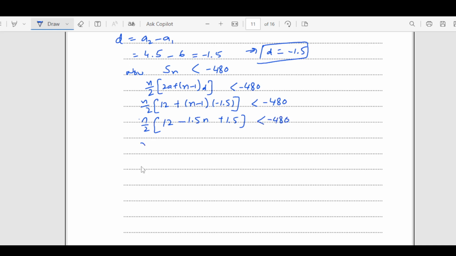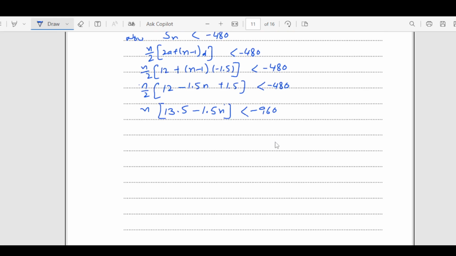So this is n times 13.5 minus 1.5n, less than negative 480 times 2, which becomes negative 960.